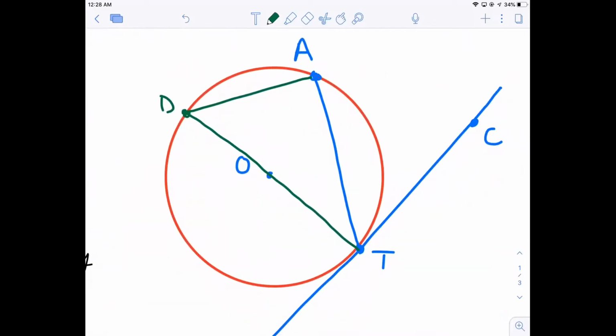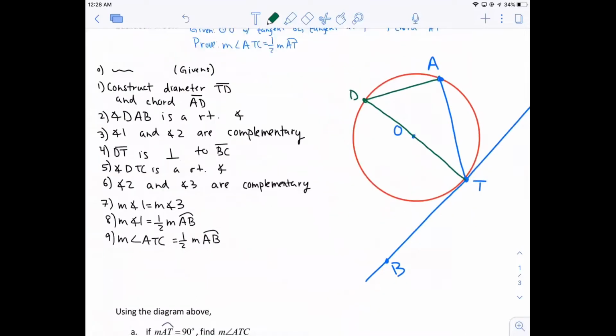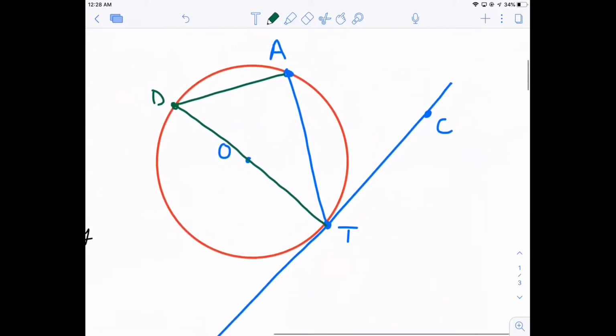All right, so if you want, you might want to just read through the steps and see if the proof makes sense on your own first. All right, I'll freeze it here so you guys can copy it down if you want as I talk through this. All right, but that was the first step. I constructed that diameter and that chord, right? And the reason, of course, is because between any 2 points, only one line segment can be constructed.